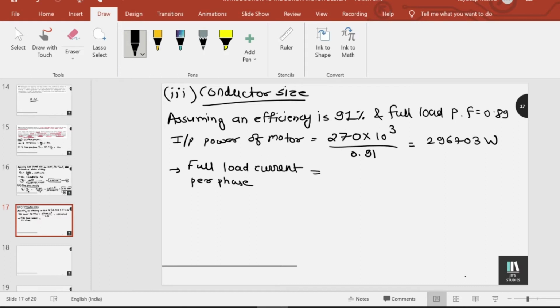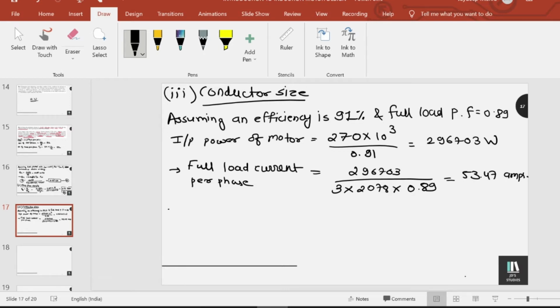Input power, 296703, divided by the number of phases, 3, and then divided by 2078, which is EPH, and 0.89, which is the power factor. So we get the full load current per phase, which is 53.47 amperes.